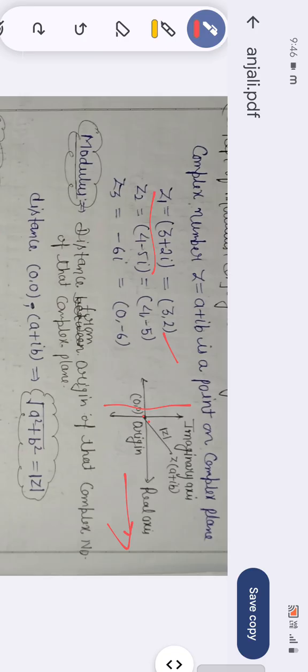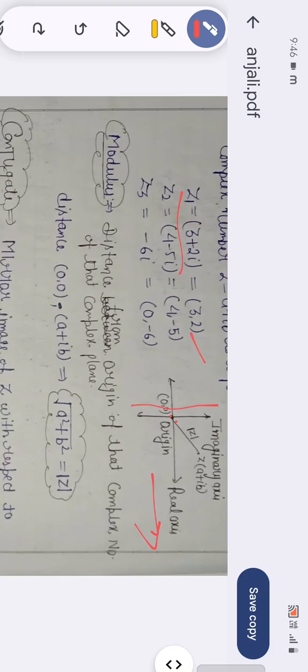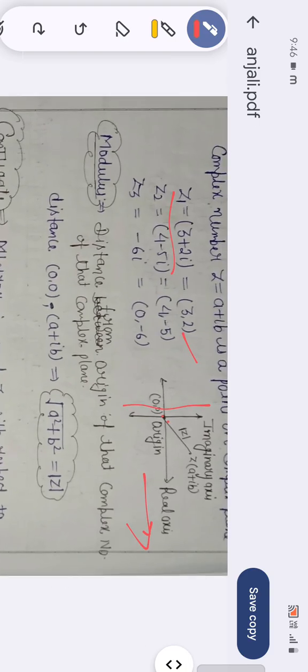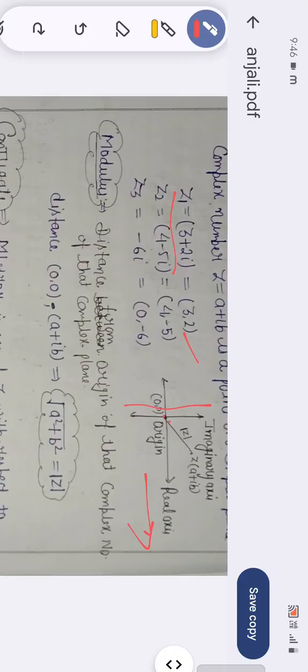If we are given any number in the complex plane, the distance from the origin to that number is called the modulus. Suppose we know the origin is 0 comma 0, and we are given any point in the complex plane, z equal to a plus ib, and we want to find the distance.